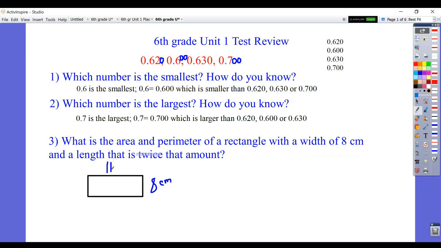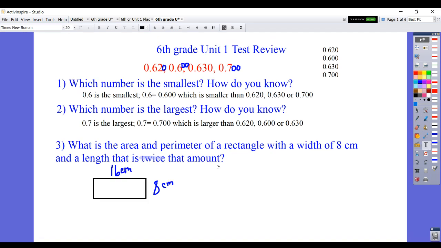So we are basically asked for the area and perimeter of a rectangle where the width is 8 and the length is 16. Because again, that meets the criteria of being twice 8. So area of a rectangle we know to be length times width.